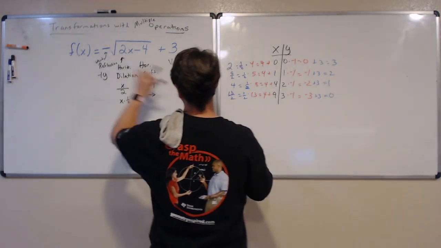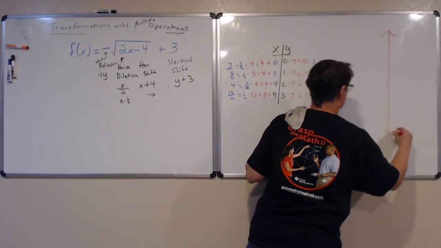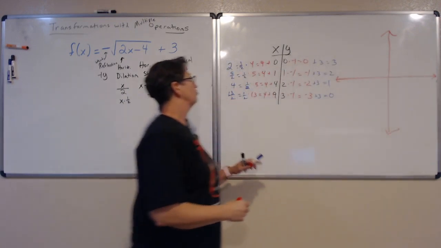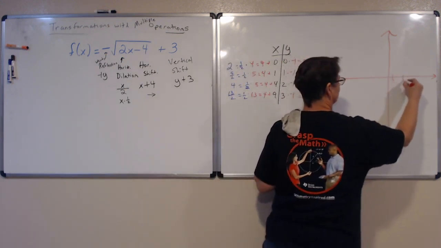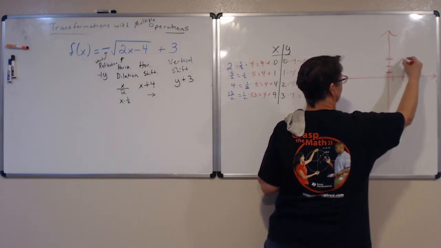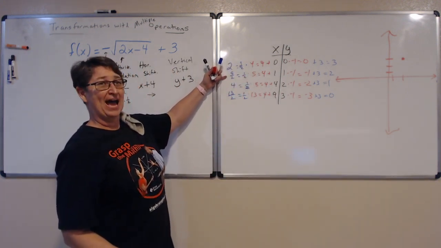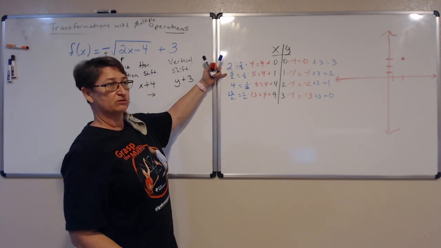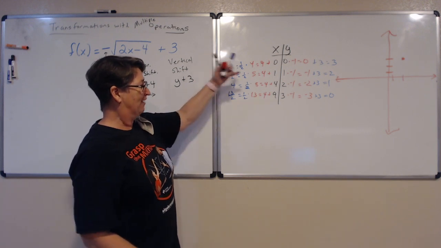And let's see if it does everything we think it's supposed to do. So I should have a point at 2, 3. I should have a point at 5/2. Well, 2 goes in there 2 times with 1 left over, so 2.5. So 2.5, 2.